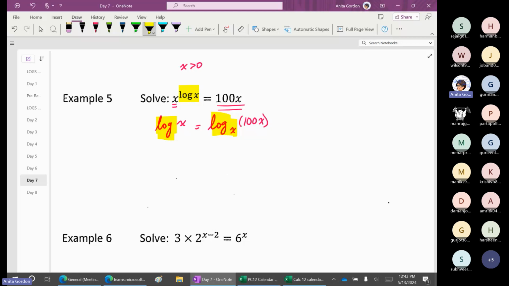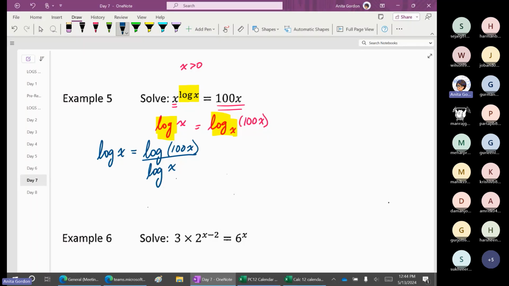I'm going to choose to work with log base 10. So I'm going to change the right side. So this is going to be log of x equals log of 100x over log of x. So I changed it. Now all of my logarithms have a base 10.